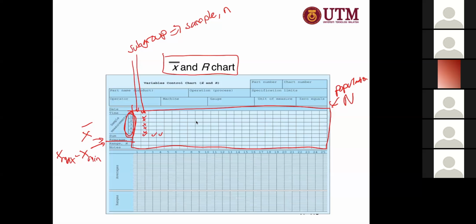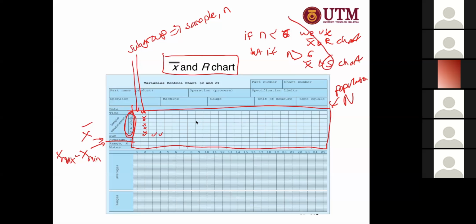If our n normally less than 6, if I'm not mistaken, we use X bar R chart. But if n greater than 6, we use X bar S chart, where S is the standard deviation.